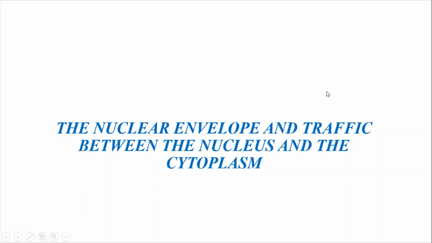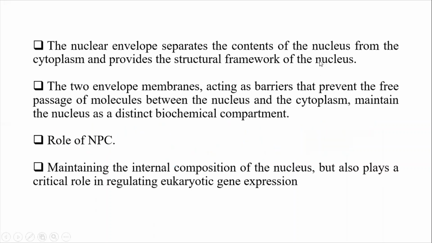Now the nuclear envelope, the traffic between the nucleus and the cytoplasm. So from here onwards, please start giving more concentration. The nuclear envelope separates the content of the nucleus from the cytoplasm. Suppose this is your cell, this is your nucleus.